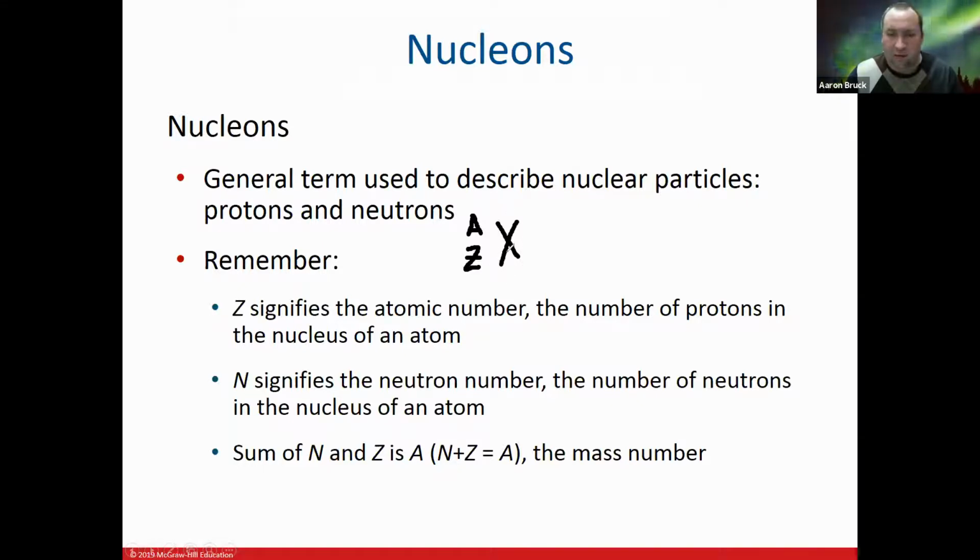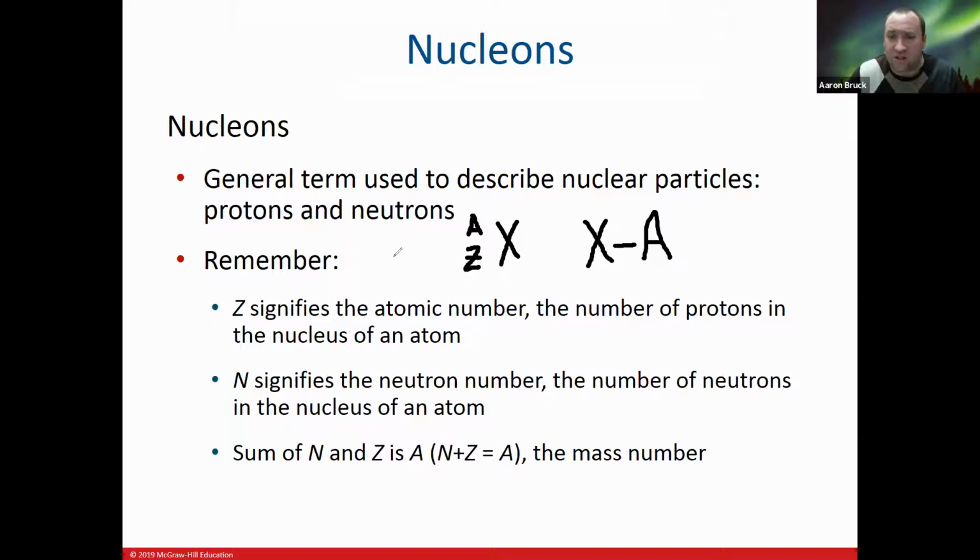We could describe an element based upon its atomic number, Z, and its mass number, A. And another way that we could describe it is simply by referring to the element by its mass number. So carbon-12, for example, is carbon with a mass number of 12. And so if we follow that all the way through, we see, okay, carbon is element number 6, 6 protons in that nucleus, 6 plus 6 neutrons would give us the mass number of 12.